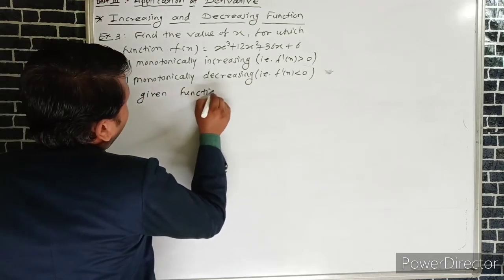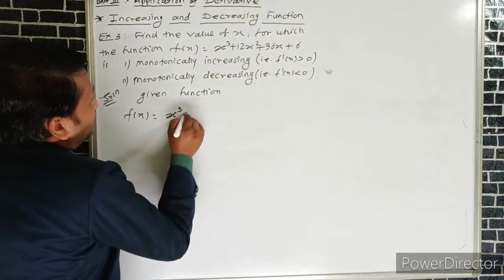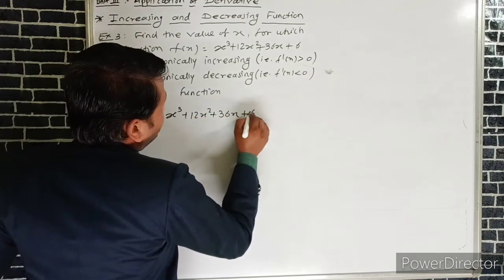So first we take the given function, f of x is equal to x cube plus 12x square plus 36x plus 6.